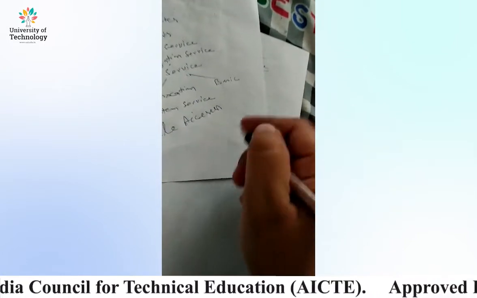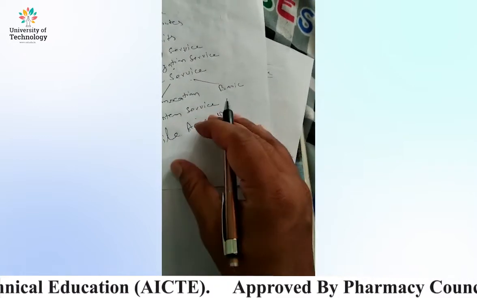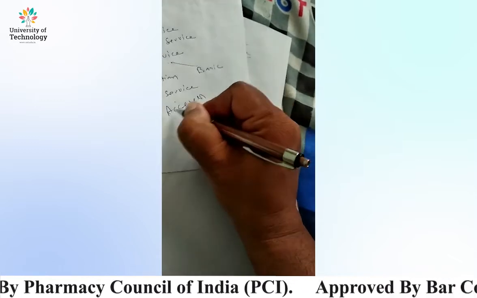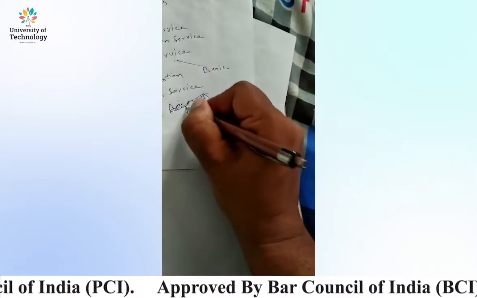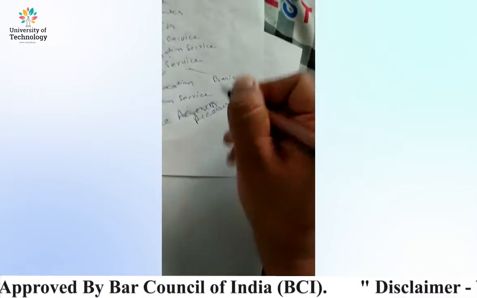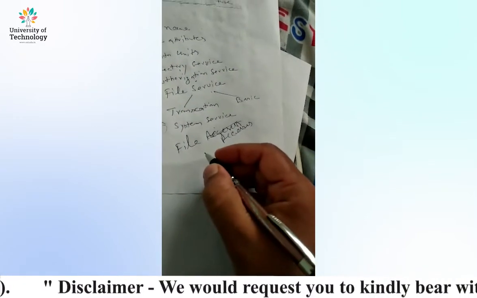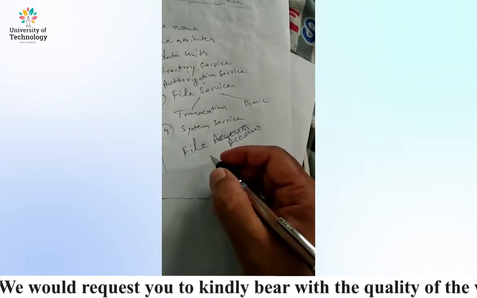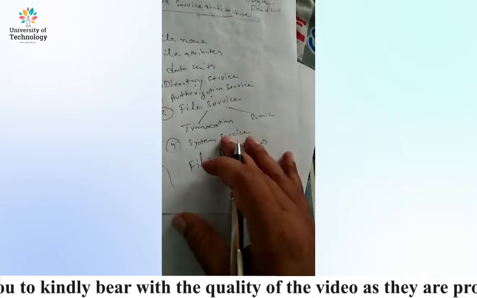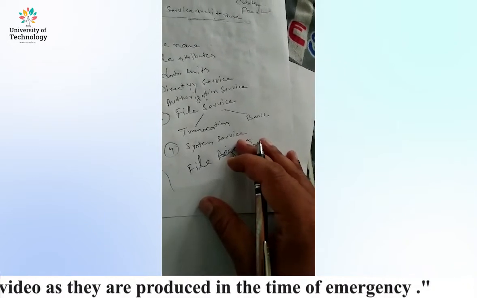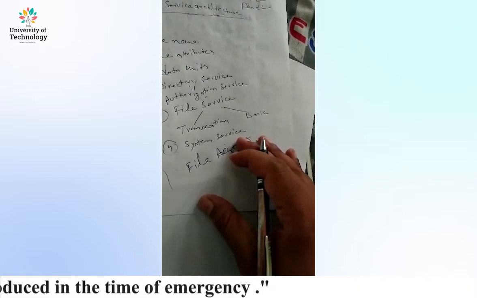Now, file accesses. First of all, sequential access, second is direct access, and third is index sequential access. In sequential access, file position is maintained with each open file used in a session of subsequent file access.